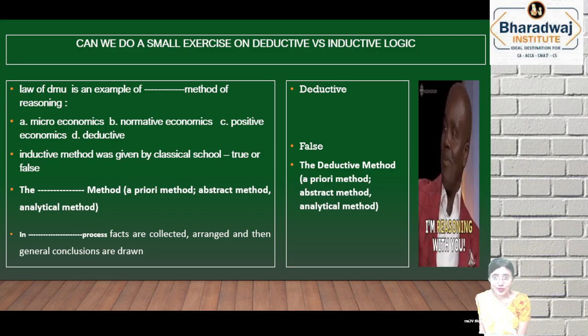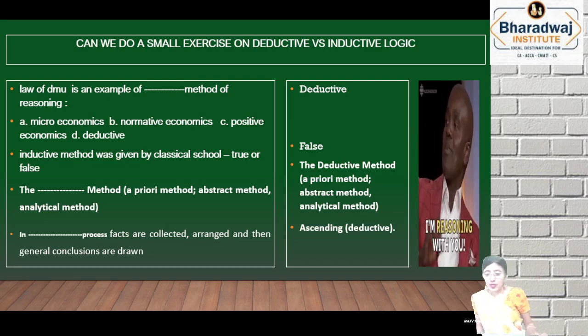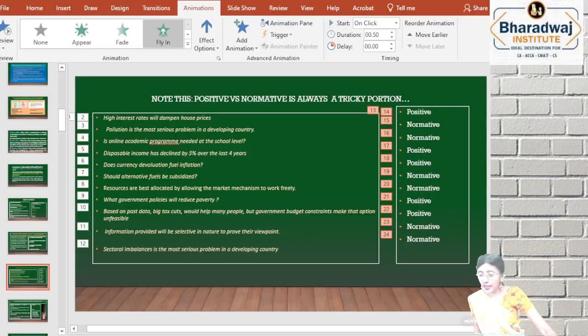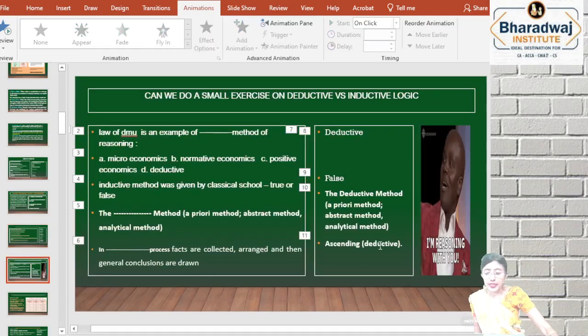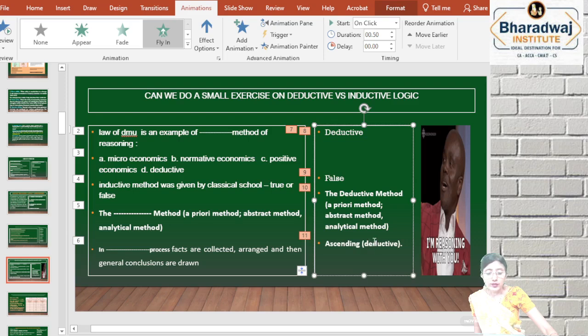Yes, what? I think you said something. Please look at the answer. No. See, wait a minute. Ascending is inductive. Descending is deductive. Inductive is known as the ascending process.